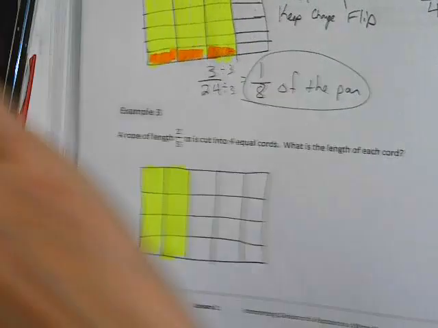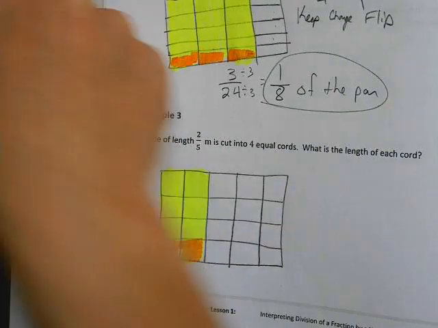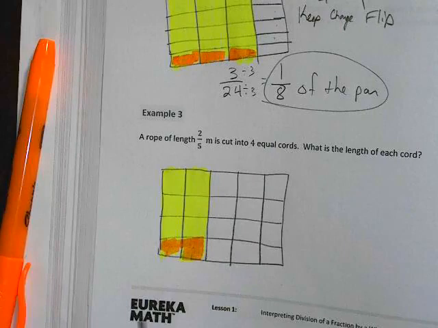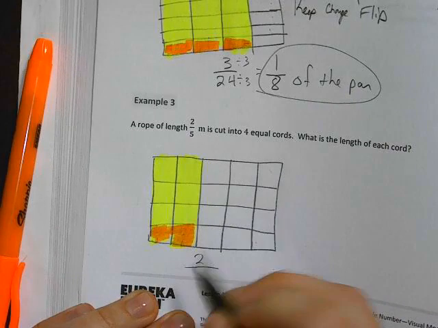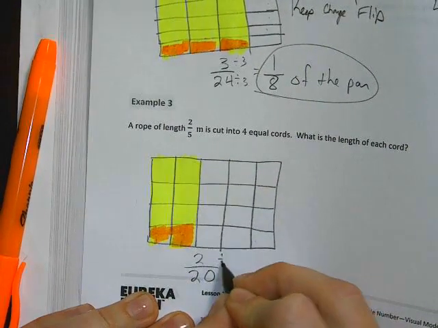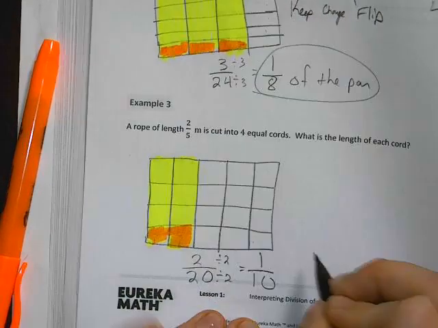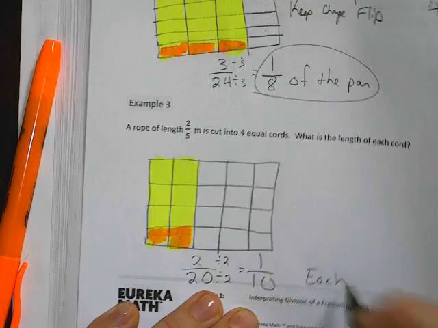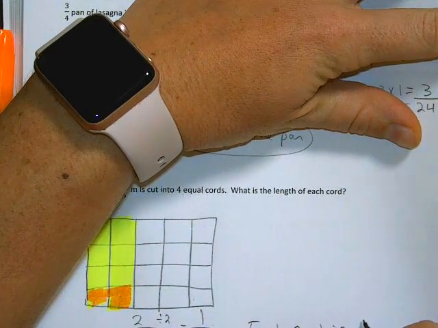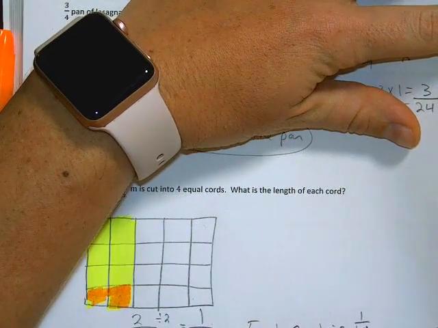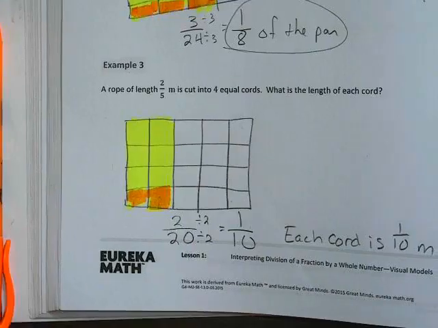I want to look at what one of those will be. That would be 2 out of all of the parts. And so that is 2 out of, this is 5 by 4, which is 20. I can simplify that by dividing by 2. That is 1/10. And so each cord is 1/10 meters. It's meters because in the original problem, it was meters already.